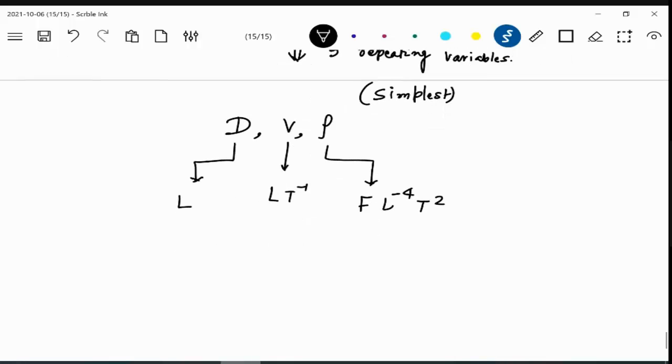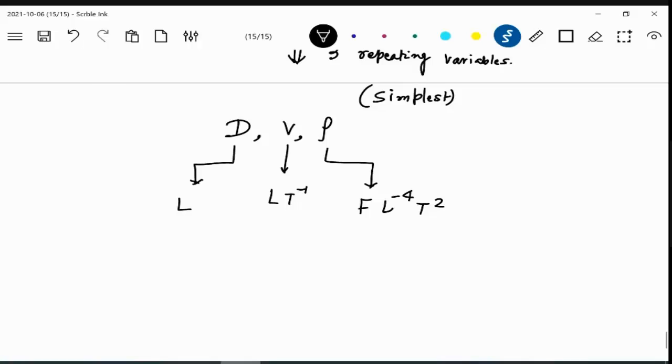You can clearly check these are dimensionally independent because rho includes F and the other 2 do not include F. So no way you can write the third one in terms of the first 2. So these variables are dimensionally independent.